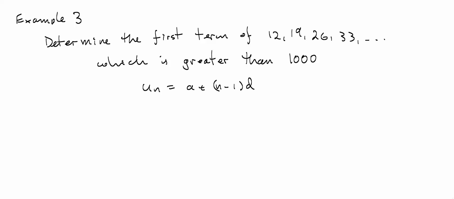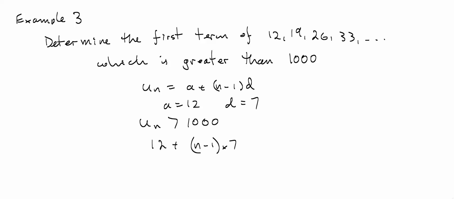The first term, a, is 12. The common difference, d, is 7. So we want u_n to be greater than 1,000, or 12 plus n minus 1 times 7 must be greater than 1,000. 12 plus 7n minus 7 must be greater than 1,000.